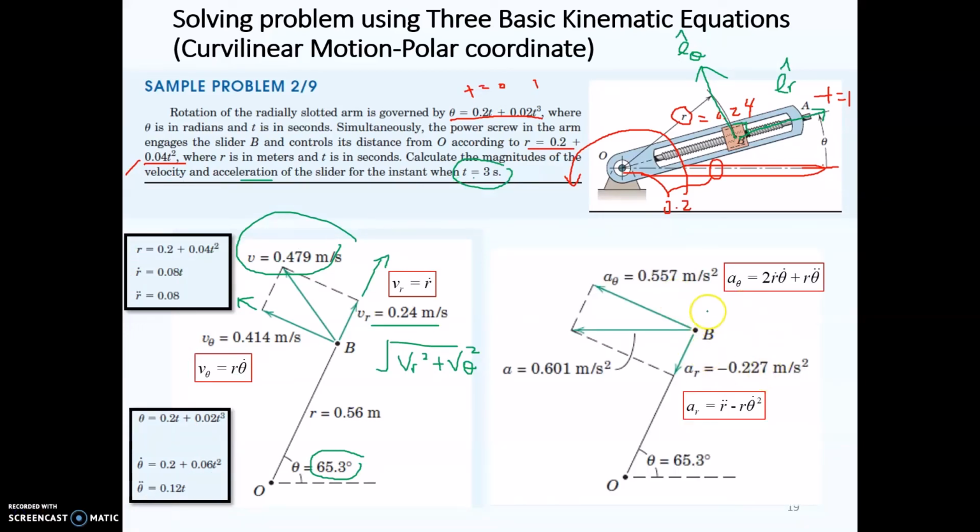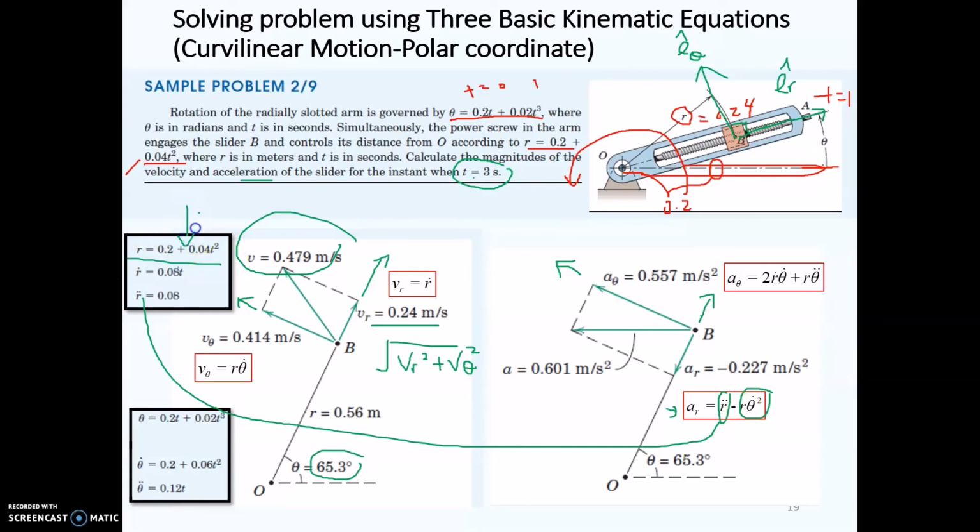For the acceleration, you have the radial direction here and transverse direction here. So for the radial direction, to compute the radial acceleration, you need to compute the sliding acceleration from here, and then you can compute the centripetal acceleration by using r, which is this.